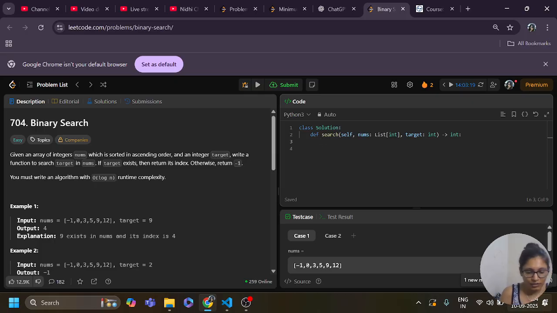After that I need to define left and right: left equals 0, and right equals length of numbers minus 1.